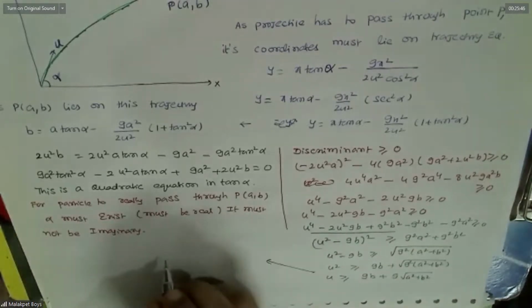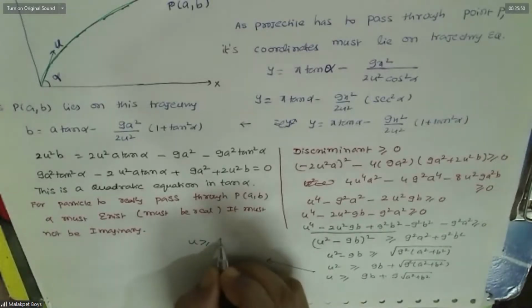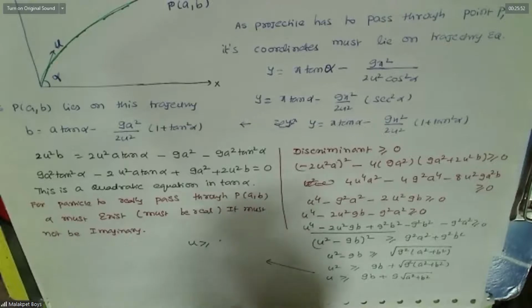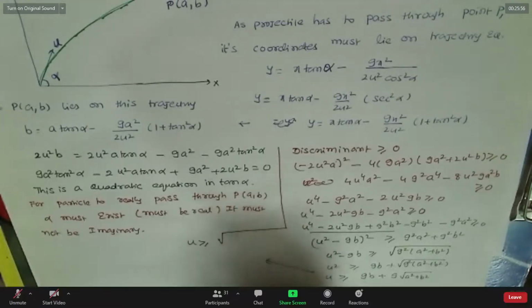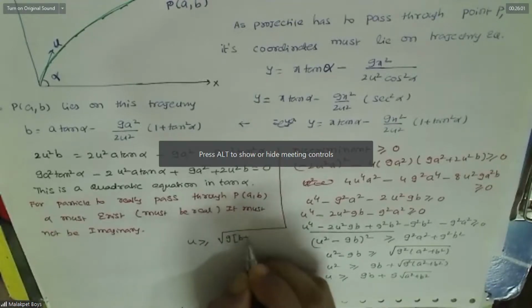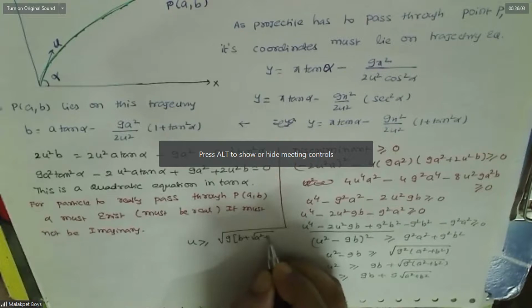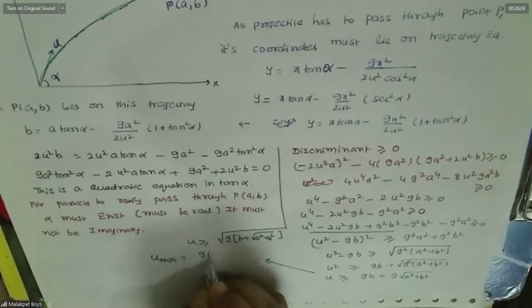So finally, if I take g common, you will get g times b plus root over a square plus b square. Am I right? So the minimum velocity is this.